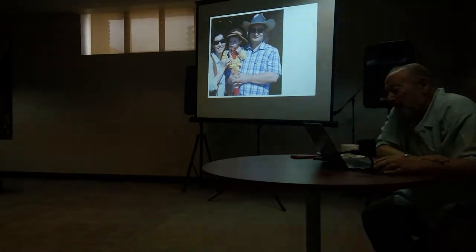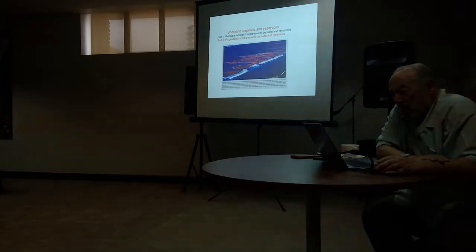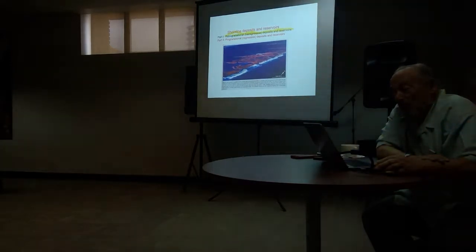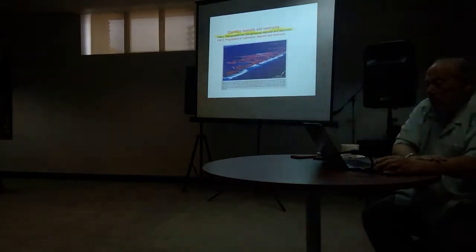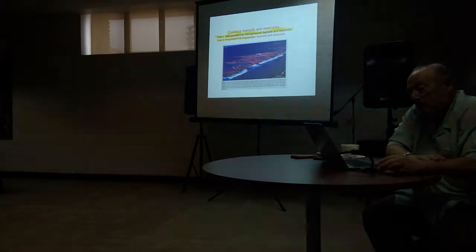Okay, well, that's an example of what I've been talking about, these transgressive shoreline type sands. What I want to talk about now is the other type of shoreline sands, the regressive or progradational ones.